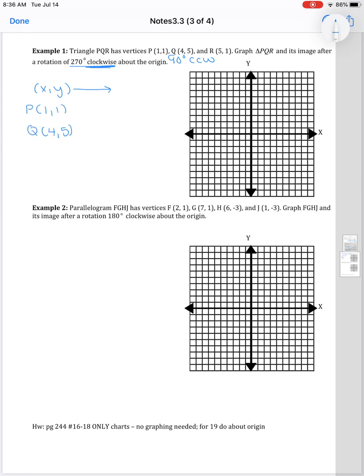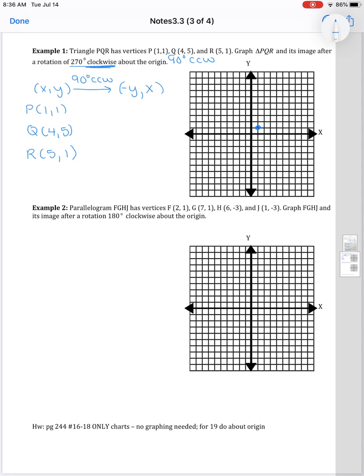So just like we've always started, we're going to make ourselves a chart. We start with P at 1, 1, Q at 4, 5, and R at 5, 1. And we said that we're doing 90 degrees counterclockwise, so that is the rule that we are looking at. If we look at that rule on the front page of your note sheet, what that showed is that they flip locations and the first value changes sign.